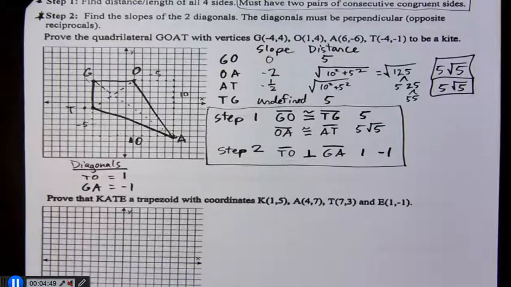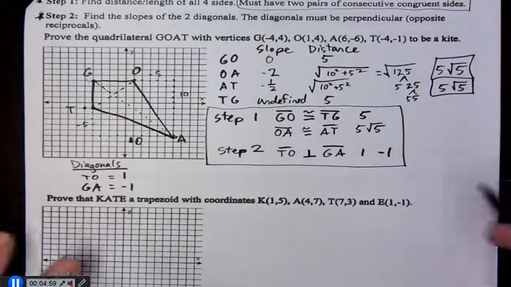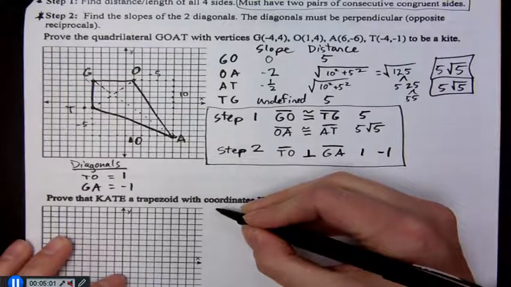Okay, slide on down. The next one says prove it is a trapezoid, and very sadly, the directions didn't print for you. To prove it's a trapezoid, it's really easy.